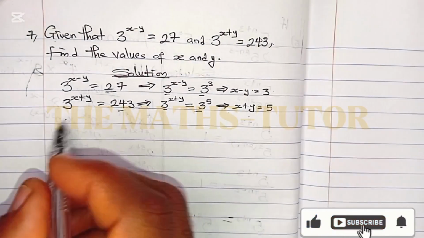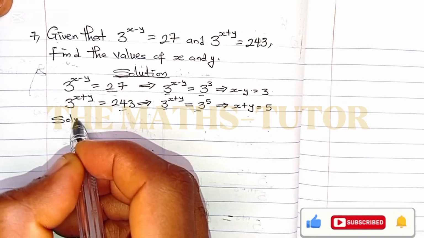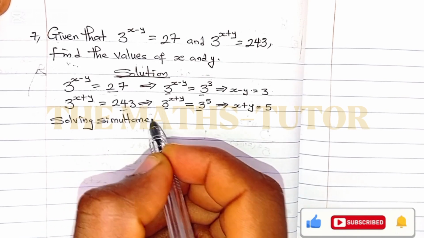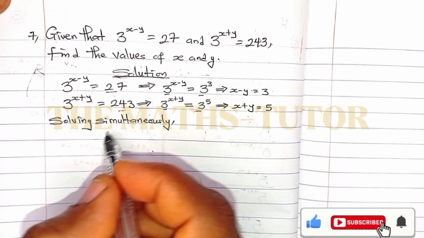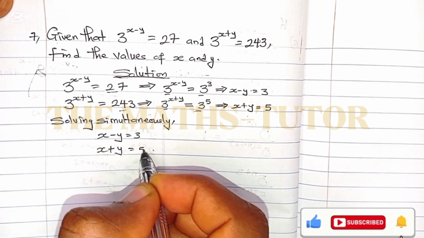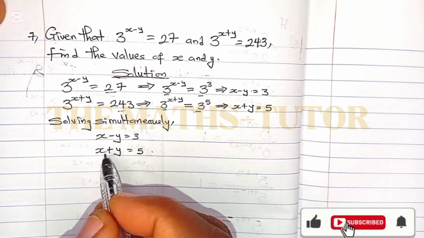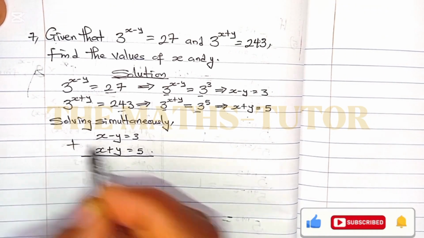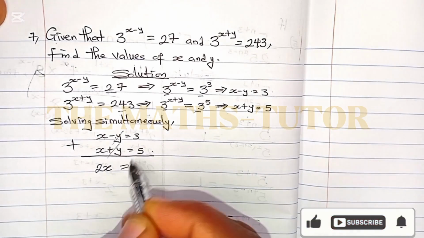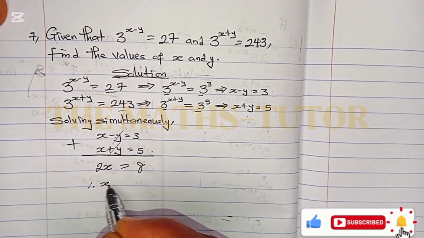And so when we solve this simultaneously, I will be using the elimination and substitution method. So using the elimination method, we are going to have x minus y equals 3, x plus y equals 5. And so if I add up both sides, I will get 2x, and minus y and plus y will cancel out.